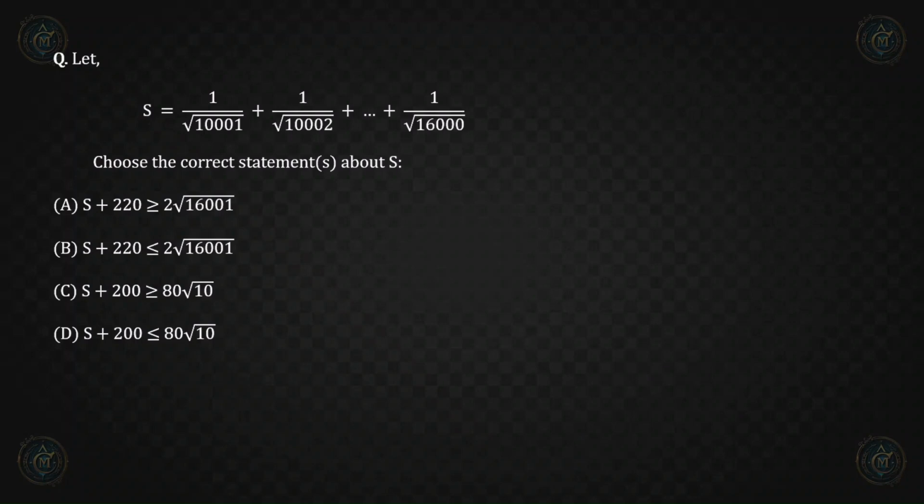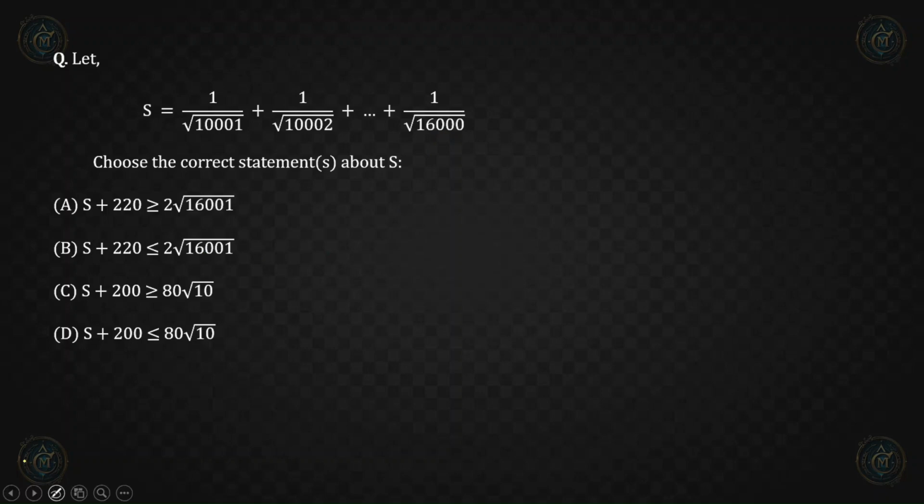That is the motive behind this approach, because here we have equally spaced numbers. The difference between each of them is 1. So 10001, then 10002, 10003, and so on up to 15999 and then 16000. Okay, that's it. So that is the motivation behind our approach.